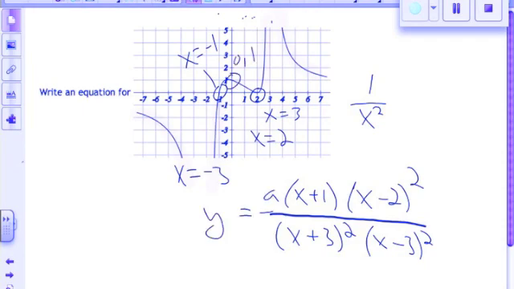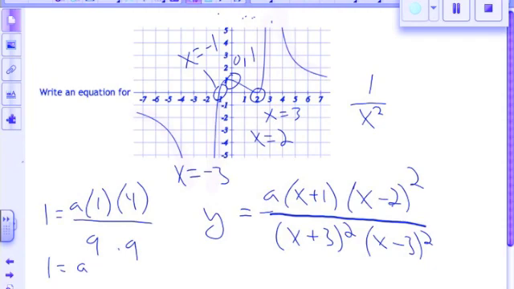So let's try using that point (0, 1) and seeing what we get for a. So 1 is equal to a times 0 plus 1 times 4, because 0 minus 2 is -2 squared is 4, over 3 squared is 9, times 9, so that's going to give me 1 equals a times 4 over 81.